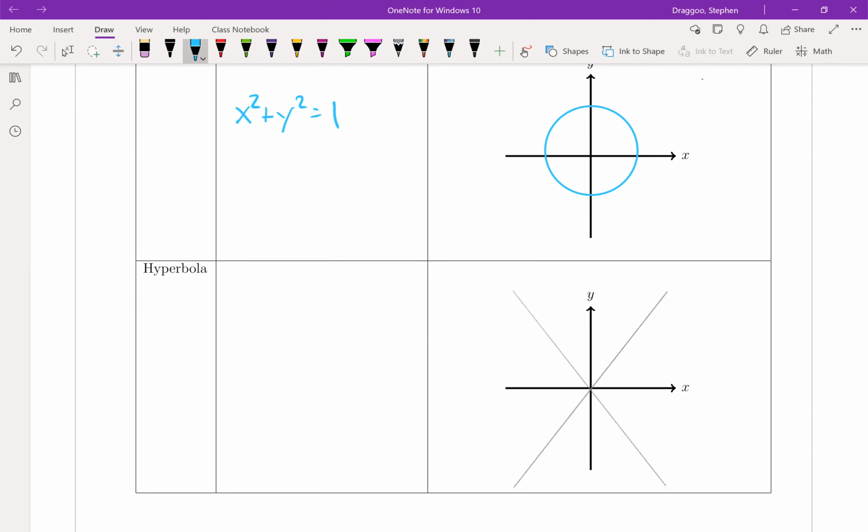And hyperbolic equations tend to look something like y squared equals x squared plus 1. Or if we write that another way, y squared minus x squared equals 1. And that's one where we should have the point 0, 1 up here. We'd also have the point 0, negative 1.